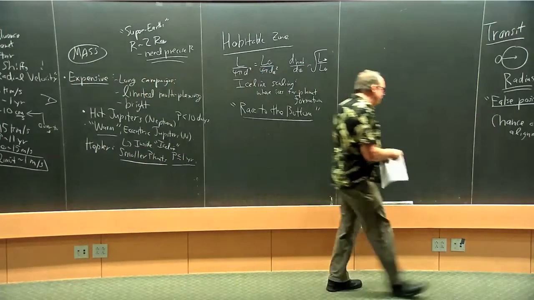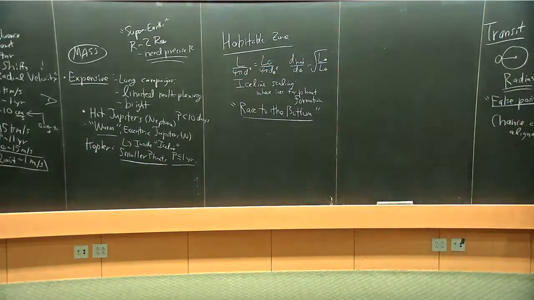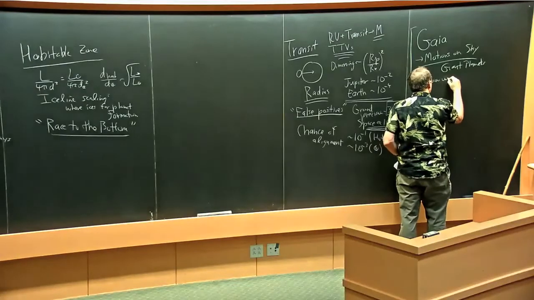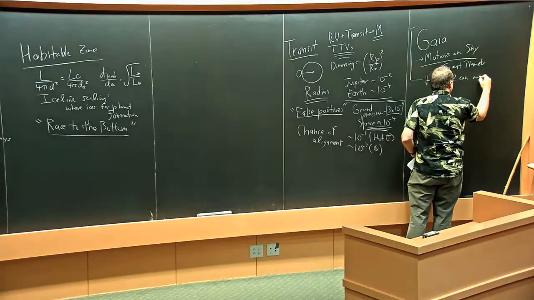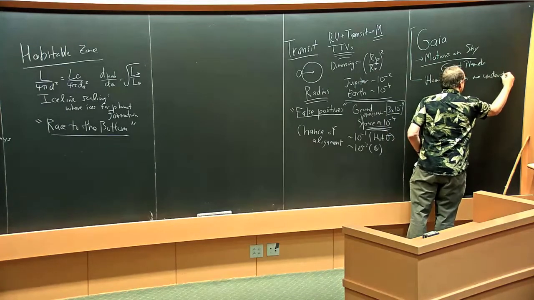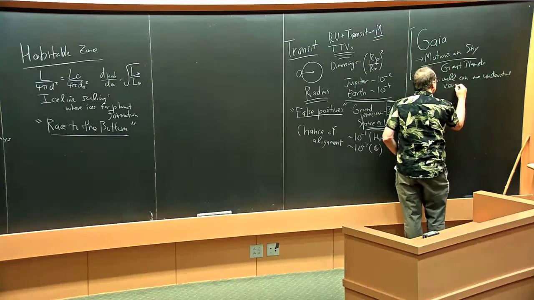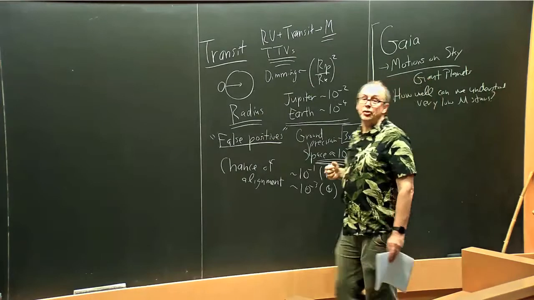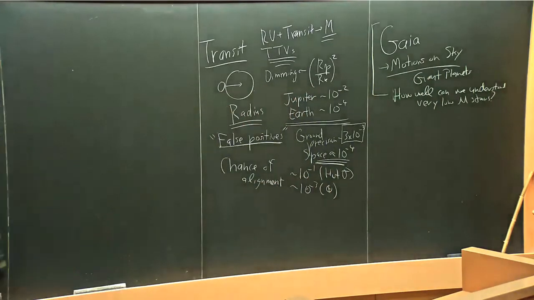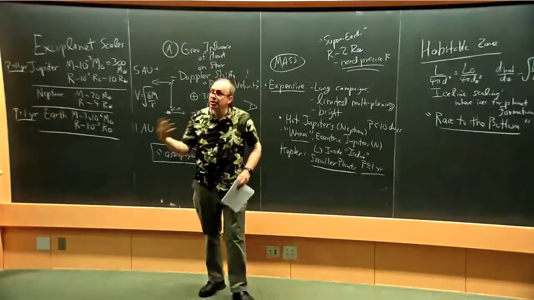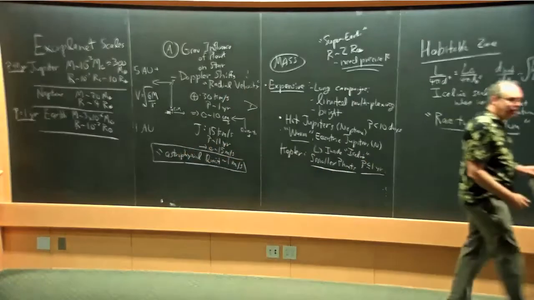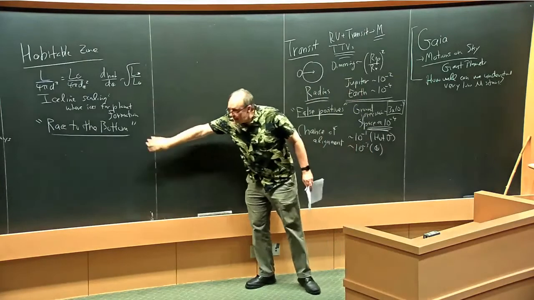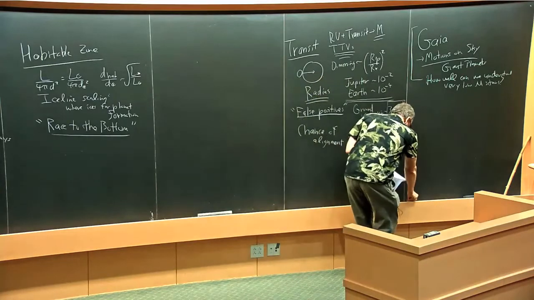So one of the characteristic problems you might want to look at in a program like this is how well can we understand very low mass stars? In other words, how well can we measure the radii? How well can we measure their temperatures? Can we measure their abundances? Can we measure their ages? How well can we characterize their properties in general? This turns out to be technically challenging, and it's one of the reasons why we're focusing in this program on these kinds of stars. They're really interesting, but they're very, very poorly studied, very difficult to study.